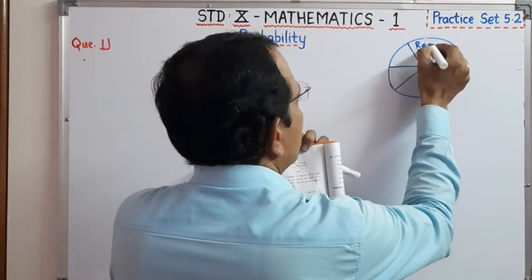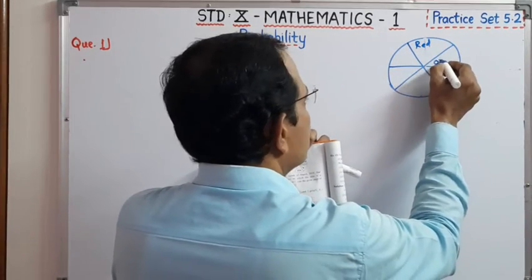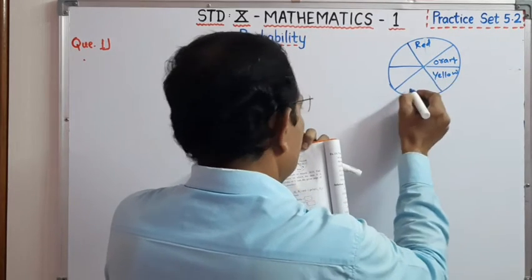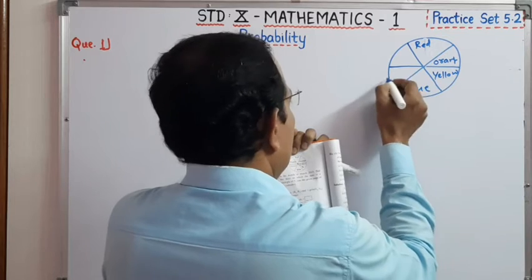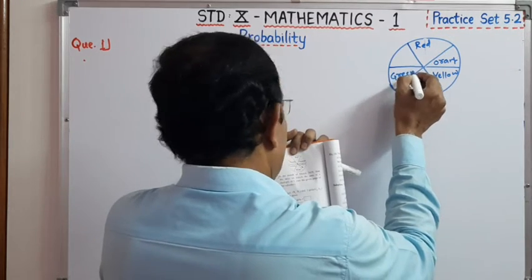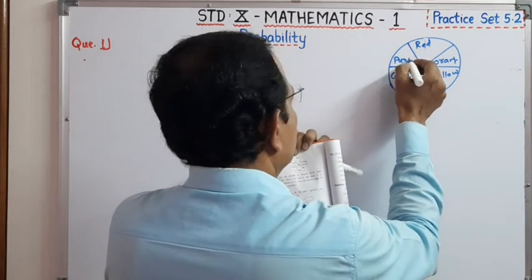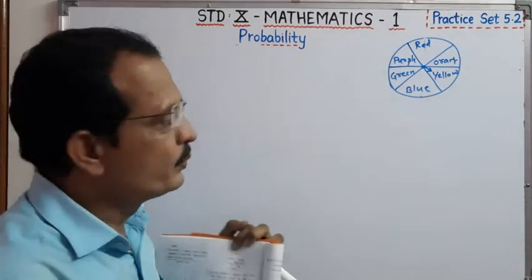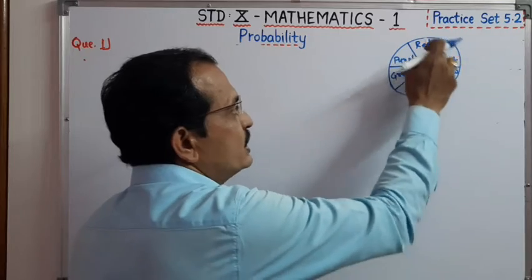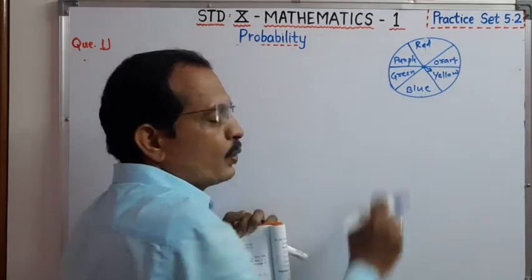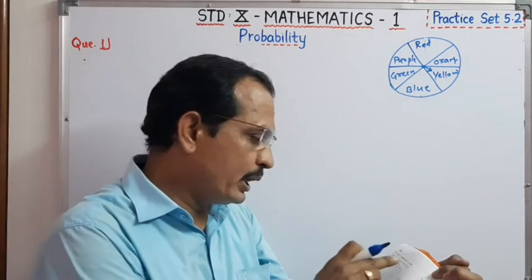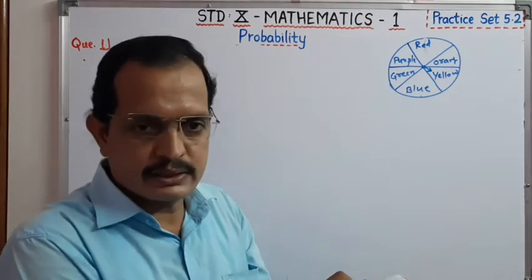This is red color, this is orange, then yellow color, blue, it is green, and here it is purple, and one arrow is there, and that arrow is rotating on this wheel and stops randomly on the disc.